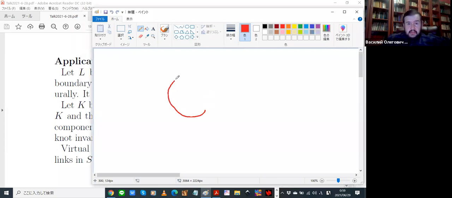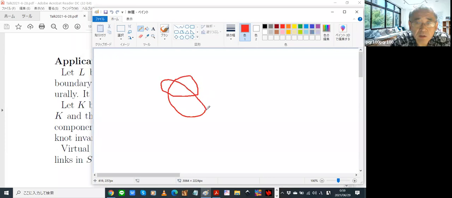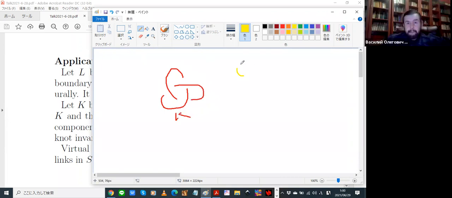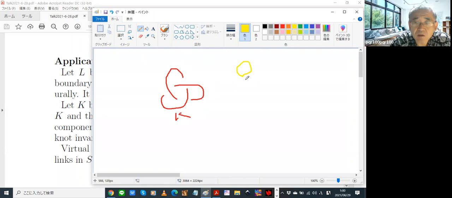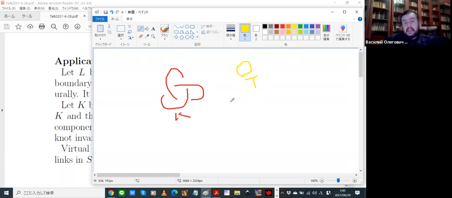It's crucial for us. For example, trefoil knot. We just consider two components and make a two-component link. We can always make a two-component link K and T. Yes. But you pretend that you have some new invariants.